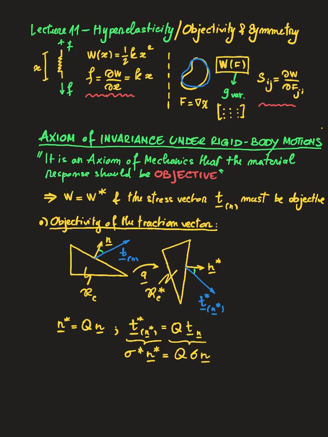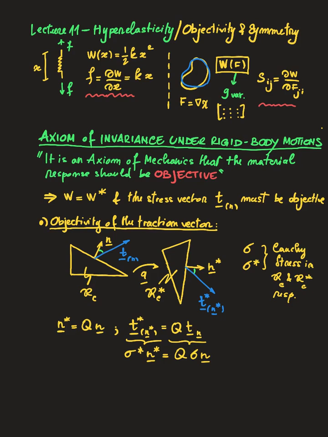So in this expression, how do we pull out the value of sigma star, which is the Cauchy stress in the rotated configuration? Here sigma and sigma star are the Cauchy stress in the two configurations, the original and the rotated one, respectively.